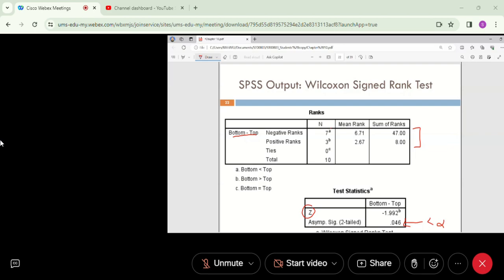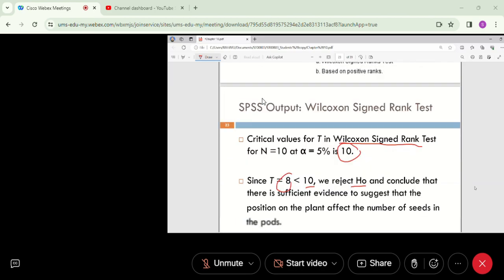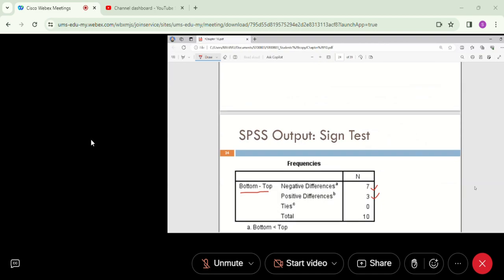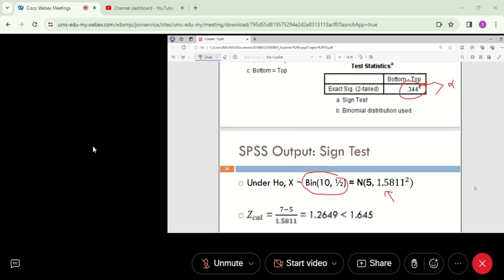The Wilcoxon signed rank test is stricter. Normally we refer to the Wilcoxon signed rank test instead of the sign test whenever the sample size is small, because it's difficult to get an accurate result from the sign test. Never mind.